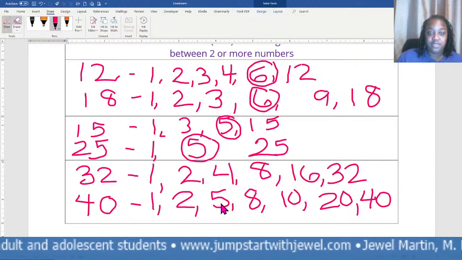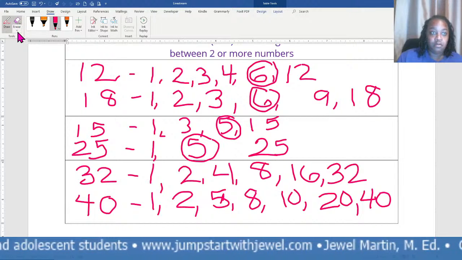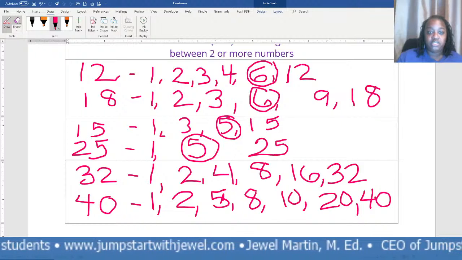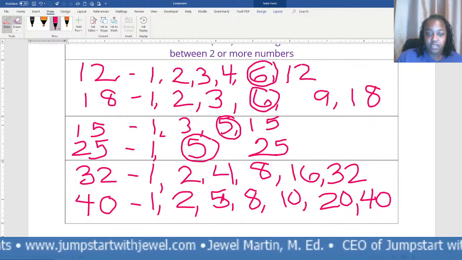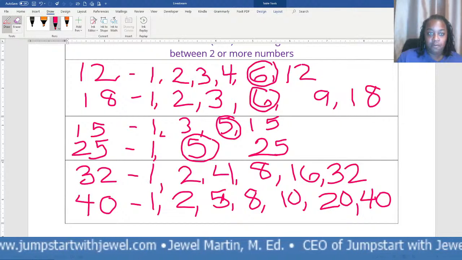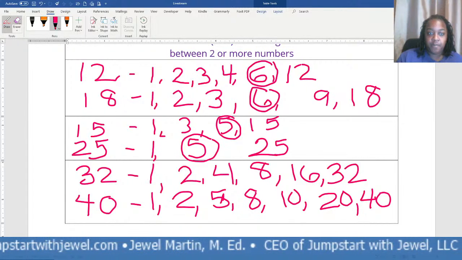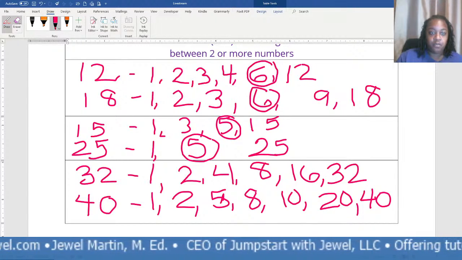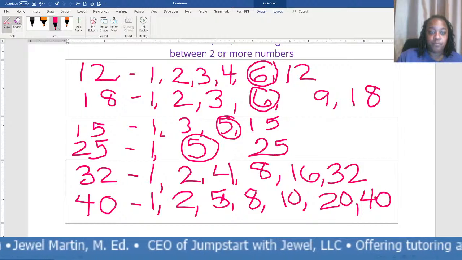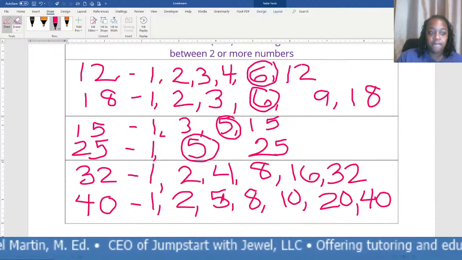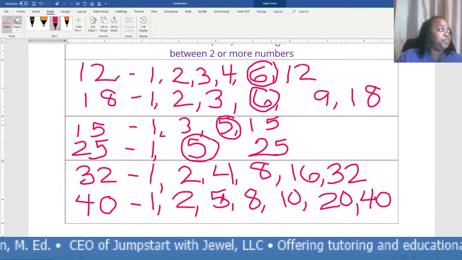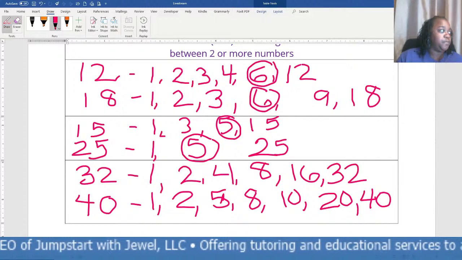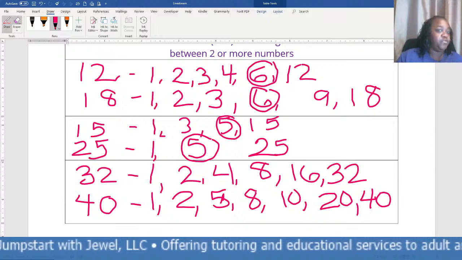Let's see if I can make some space in here. Nope. It won't let me do it. It just slowed down on me. So anyway, let me fix it over here. Hold on for 1 minute. Let's do it this way.